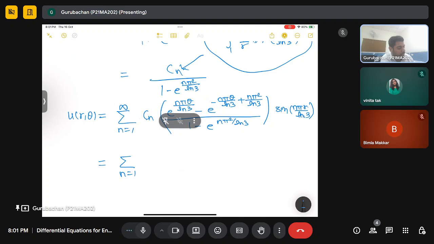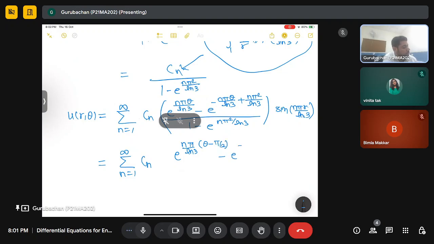If you solve it a little, you will get e to the power, I am multiplying nπ² ln3 on both sides, numerator and denominator, with negative sign. So what effect it will make: nπ/ln3 times (θ − π/2).